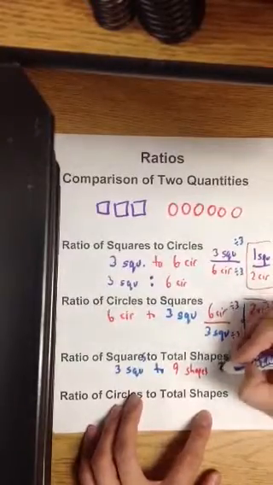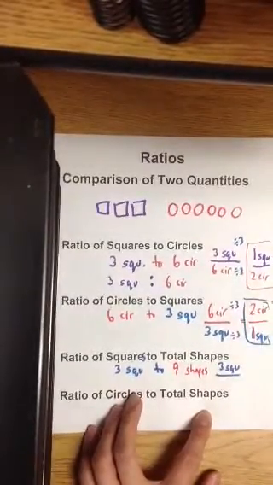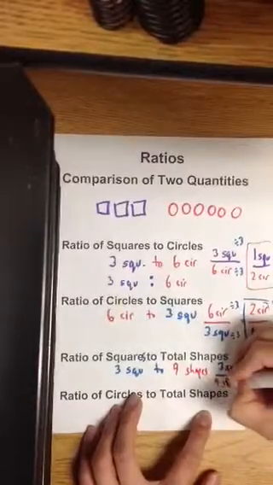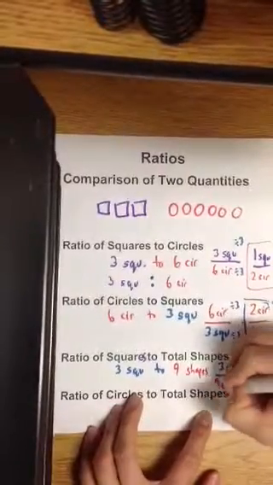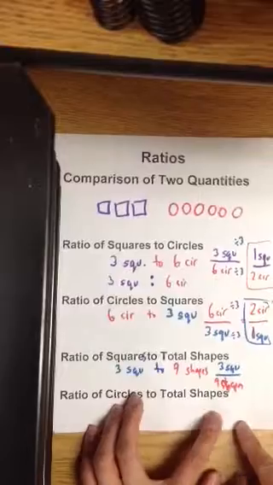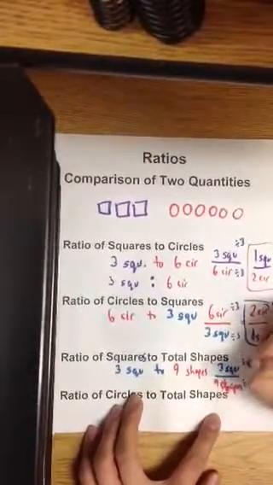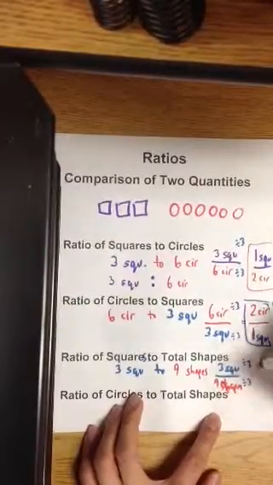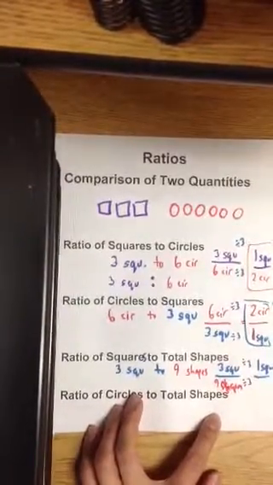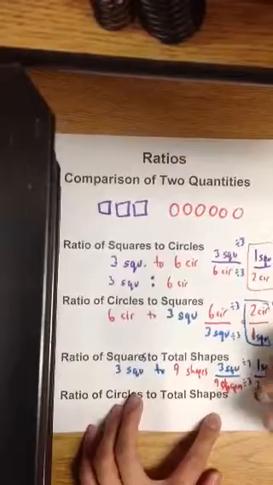I see 3 squares to 9 shapes. Can you simplify this? Yeah, you can simplify it. What is the greatest factor that goes into 3 and 9? 3. So it is 1 square to 3 shapes.